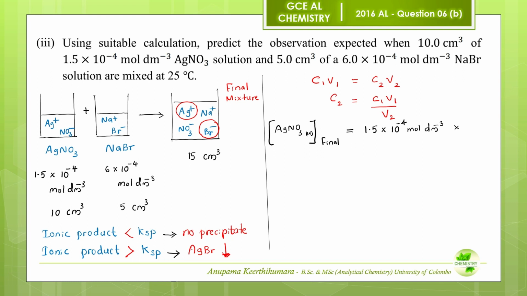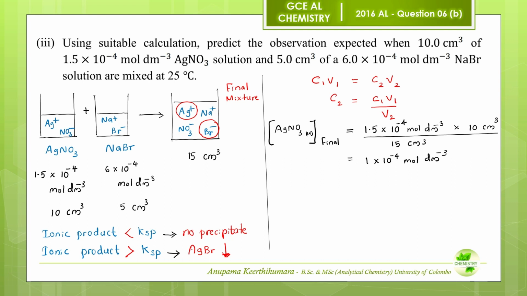Initial volume V1 is 10 cubic centimeters. V2, the final volume, is 15 cubic centimeters. Diluted concentration is 1 times 10^-4 moles per cubic decimeter.